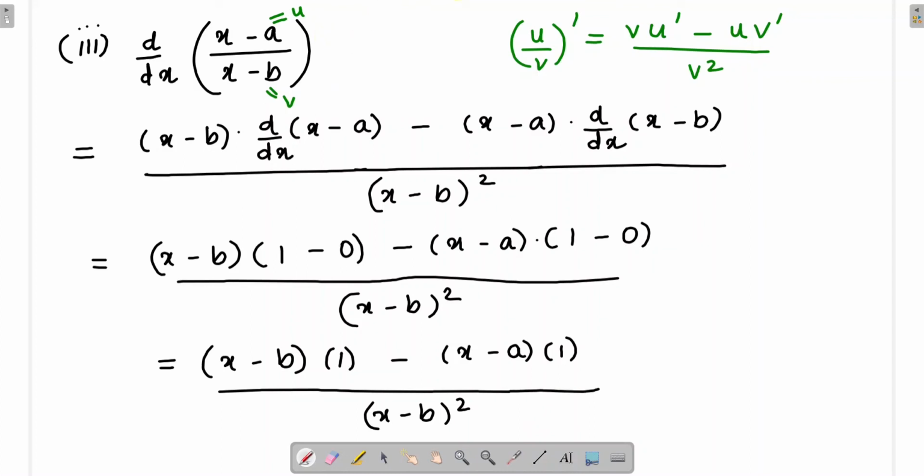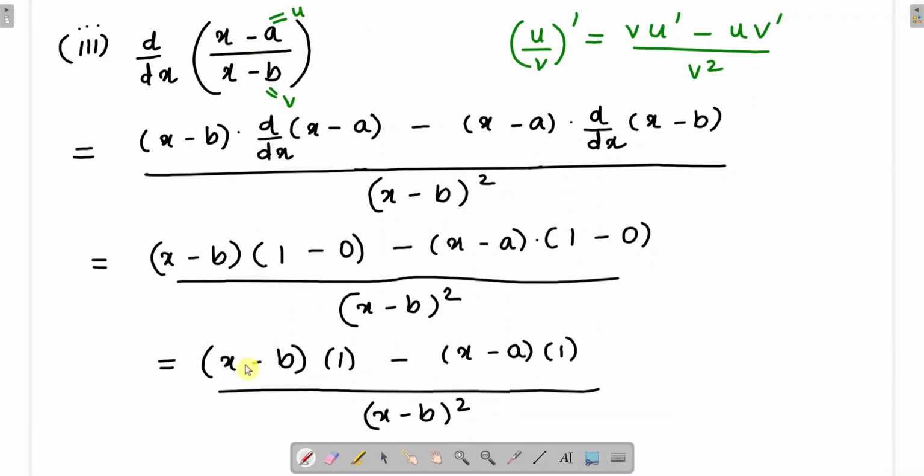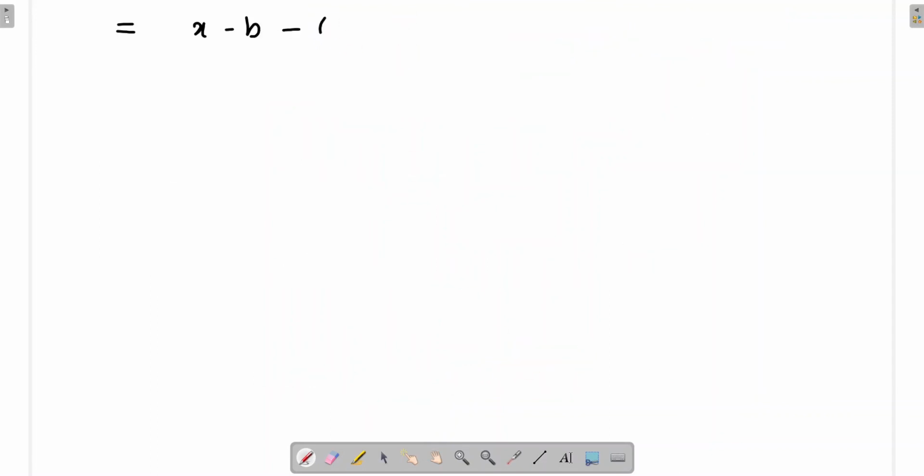Now this will get simplified, so this will be equal to x minus b, because x minus b times 1 is x minus b, minus x minus a times 1 will be x minus a, so minus x minus a, right?